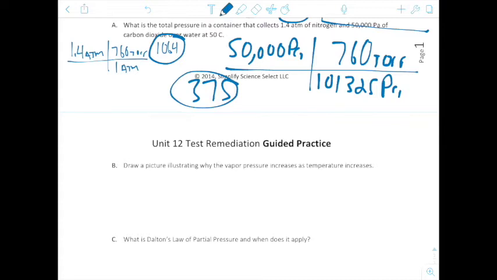So vapor pressure is going to increase as temperature increases, because we'll have water molecules at the very top of the water that create the vapor pressure, and as the bottom water molecules heat up, they start to vibrate more, and the intermolecular bonds that are holding the water molecules on top to the bottom, since the bottom ones are vibrating so much back and forth, very easily come off, and therefore they create more pressure.